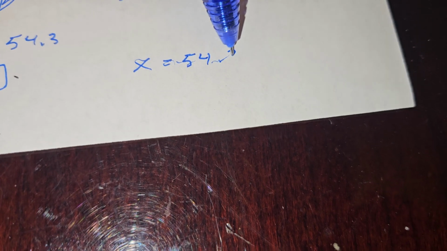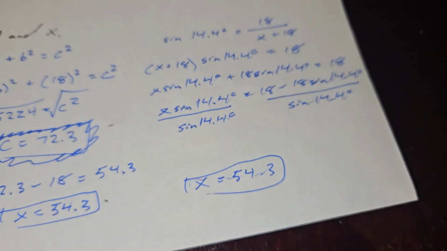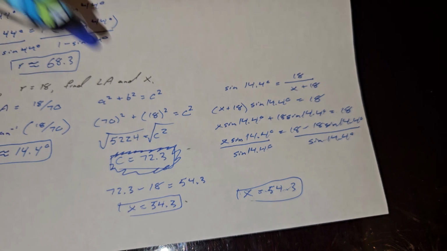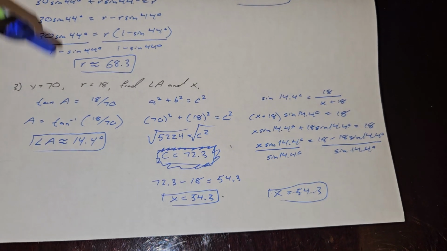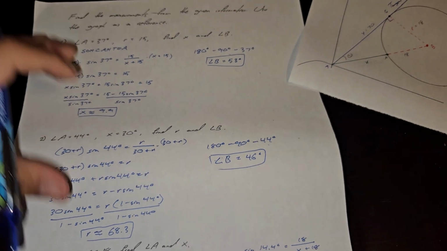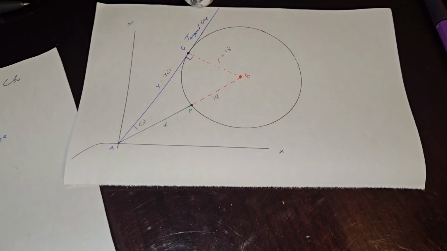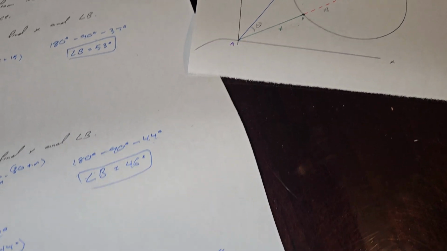So x is equal to 54.3. That is how you do it both ways, the Pythagorean theorem and the trigonometric way. That is how we pretty much solved all of this using the picture and the information that they gave us. And that's pretty much it. Good luck.